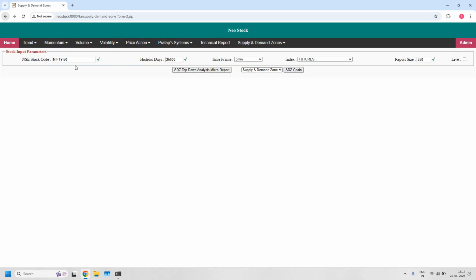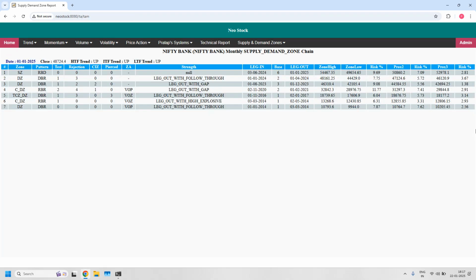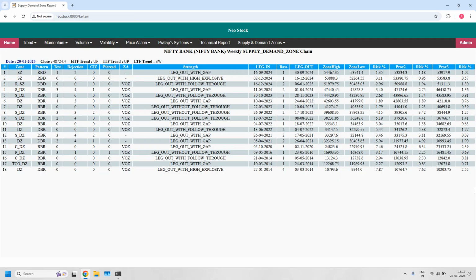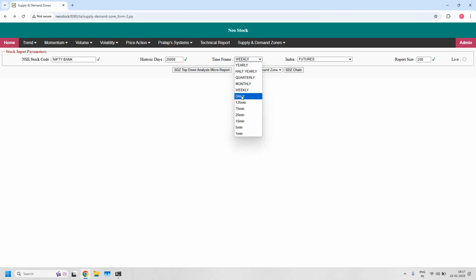Next, let us generate Bank Nifty supply demand zone chain. That is nothing but Nifty Bank. Generating monthly supply demand zone chain for Bank Nifty. Next, weekly supply demand zone chain for Bank Nifty. Next, daily supply demand zone chain for Bank Nifty.